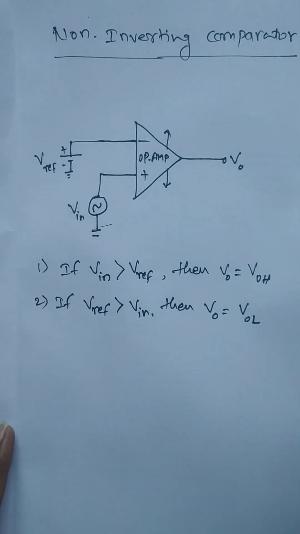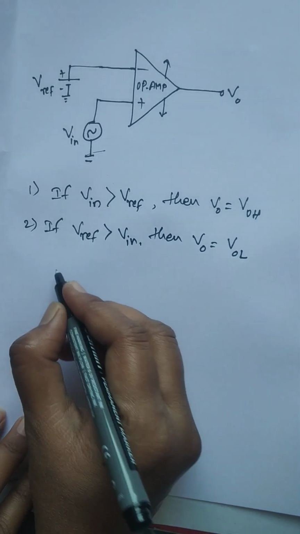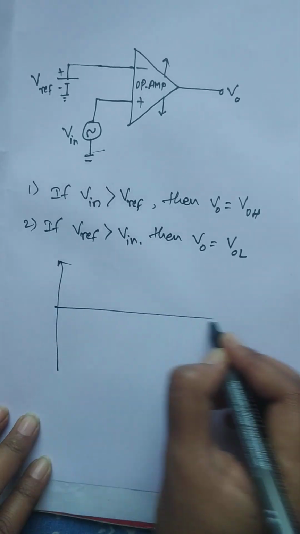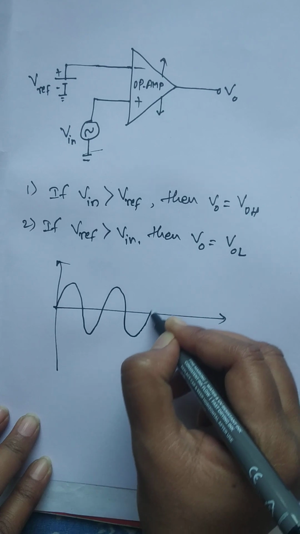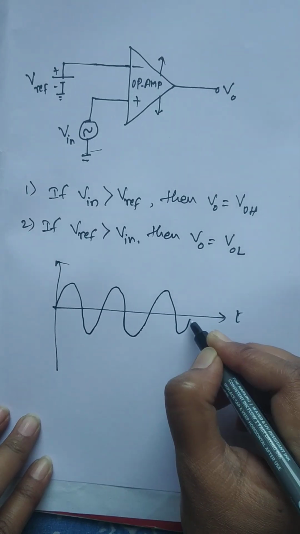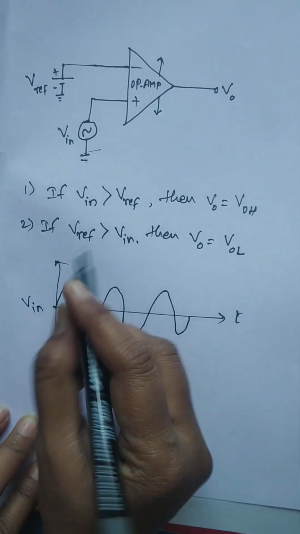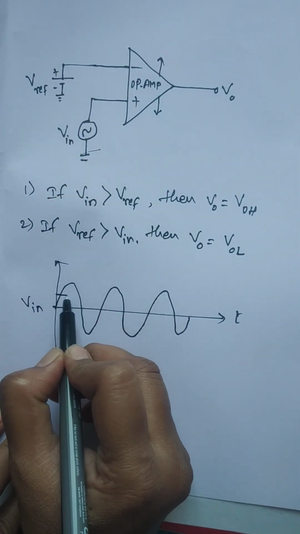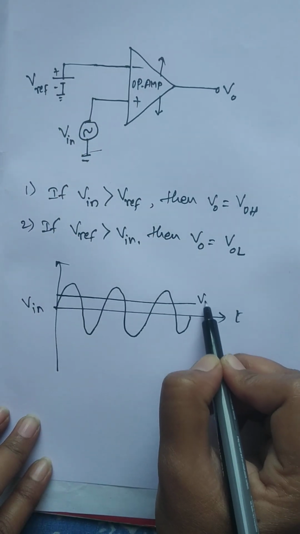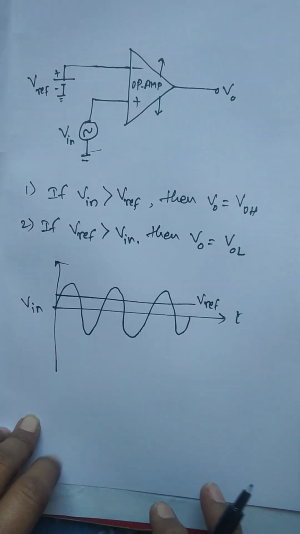We will show it with the help of waveforms. So whatever V in I am applying, suppose it is a sine wave, and V reference, I have applied a DC voltage. So let us draw, this is V reference.